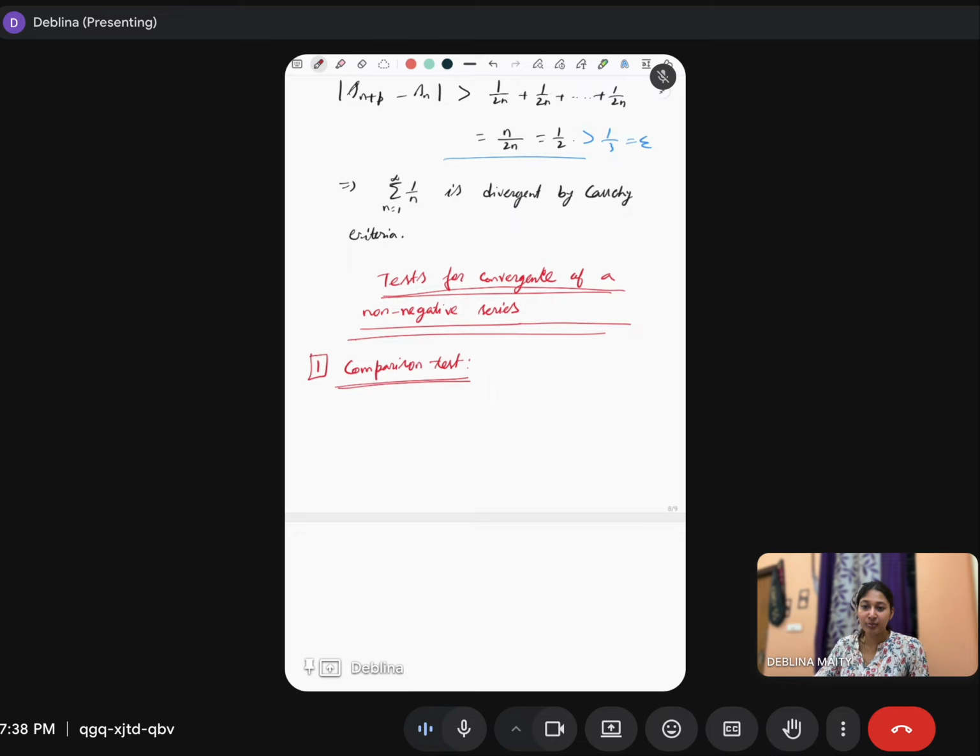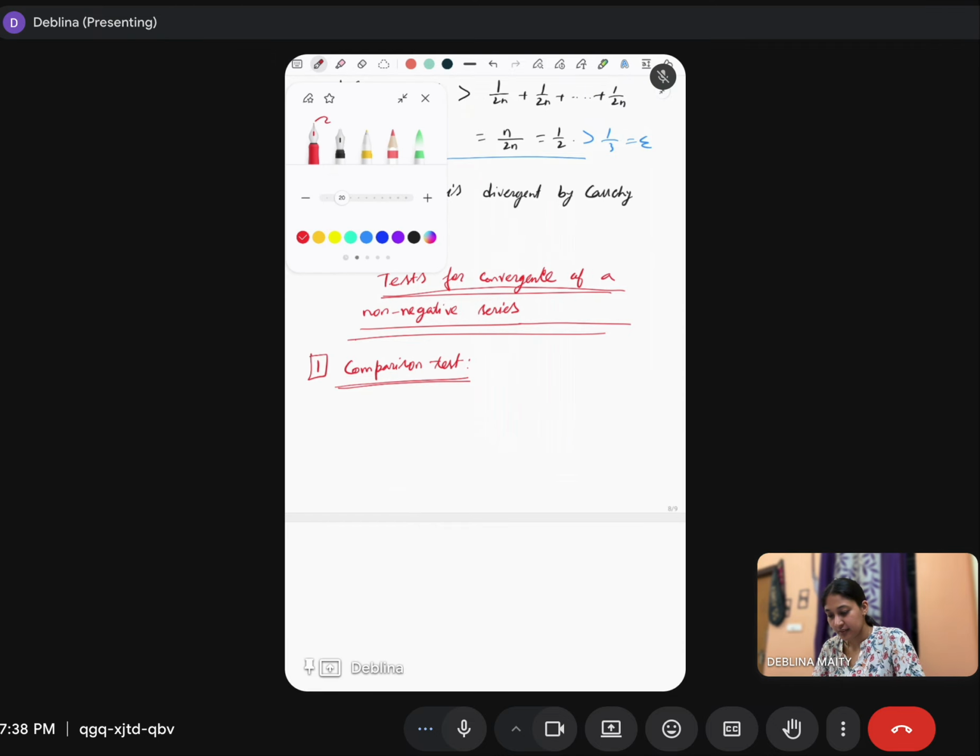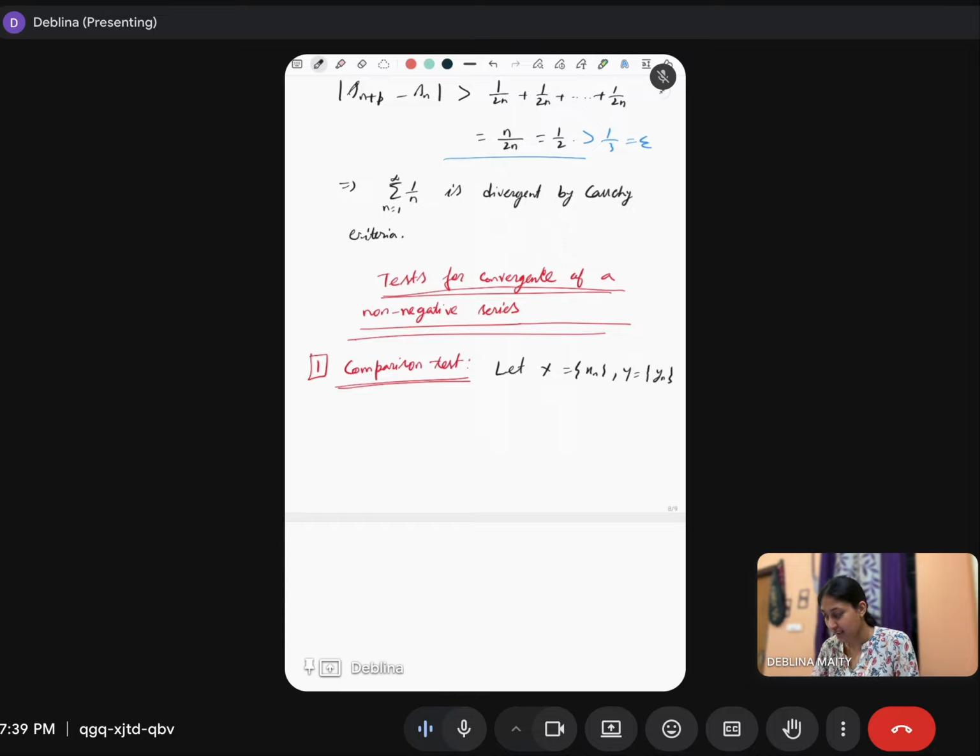So it is clear from the name that we are going to compare two series, right? So let x be a sequence xn and y be the sequence yn, and suppose 0 ≤ xn ≤ yn for n ≥ k.